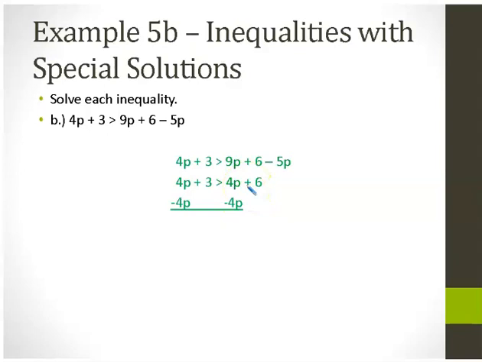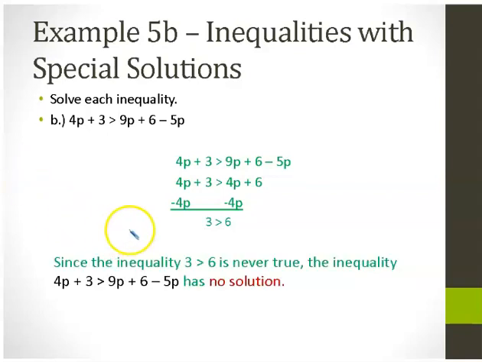And when I go to solve that by removing the 4p from one side, I get this solution. 3 is greater than 6. So I've got to ask myself, is that possible? And no, it's not. 3 can never be larger than 6. So what we say for that is that it has no solution. So that's a couple of special solutions.